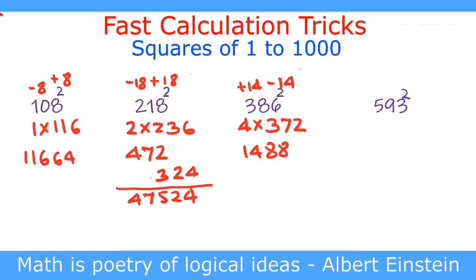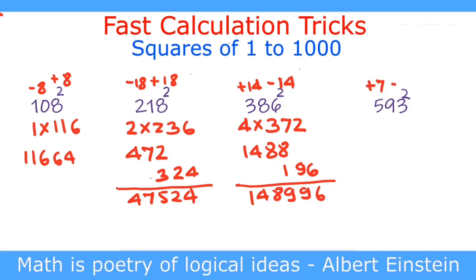We write 96 and carry 1. On adding this we get 148996. The square of 386 is 1,48,996 or 148,996. We go to the next question.